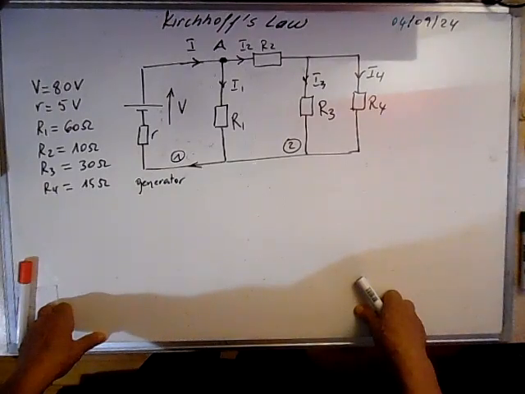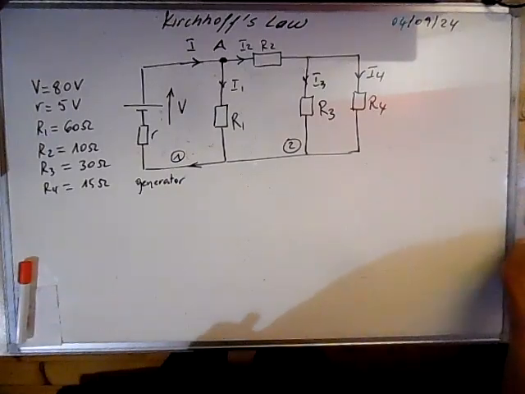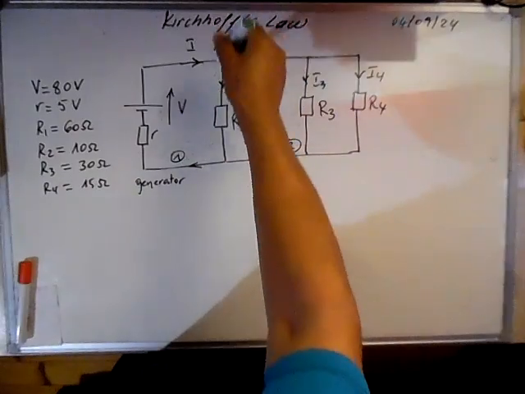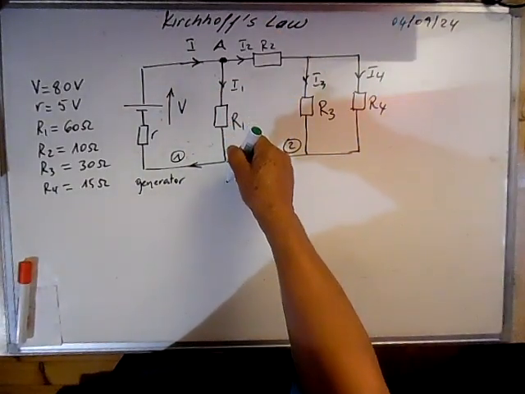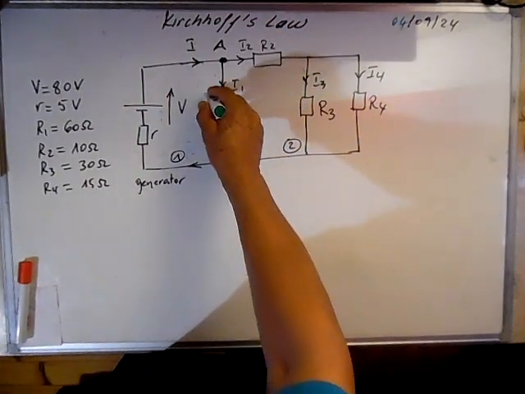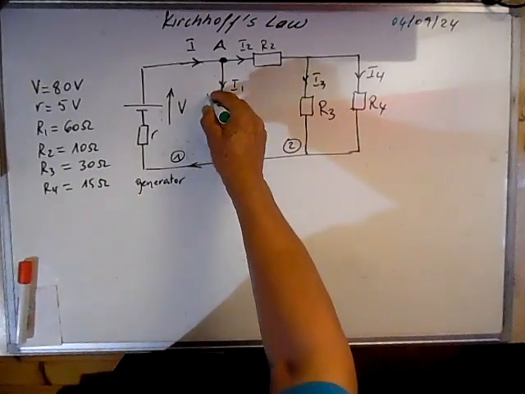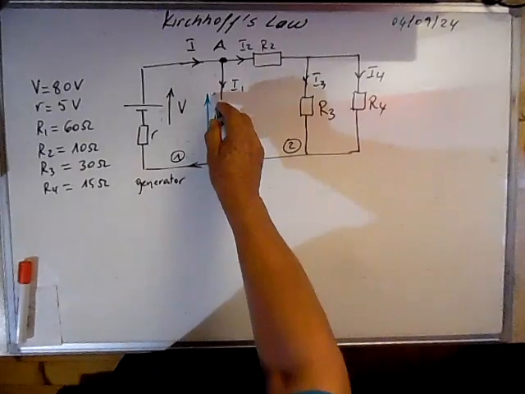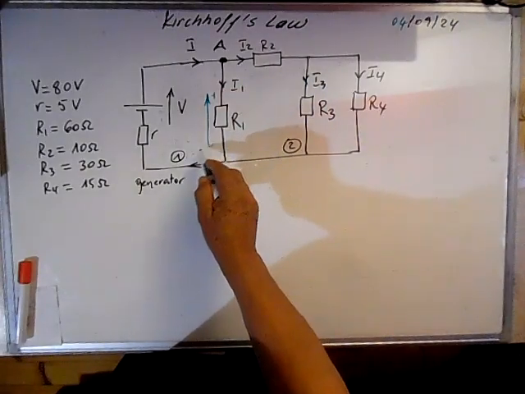So what we do once the currents are chosen, we have to indicate the voltage drops in every resistor. Here the current flows this way, so the drop is in this direction because the current flows from the highest to the lowest potential.